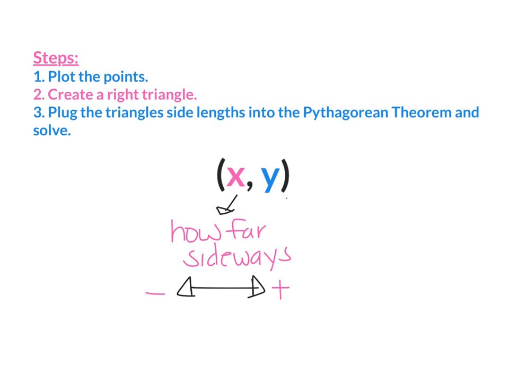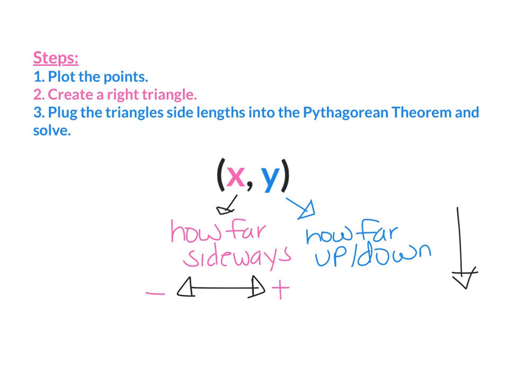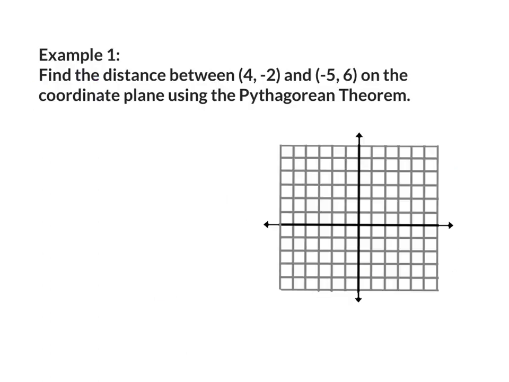Now the y value tells us how far up and down. So when we go up, it's going to be positive, and when we go down, it's going to be negative.